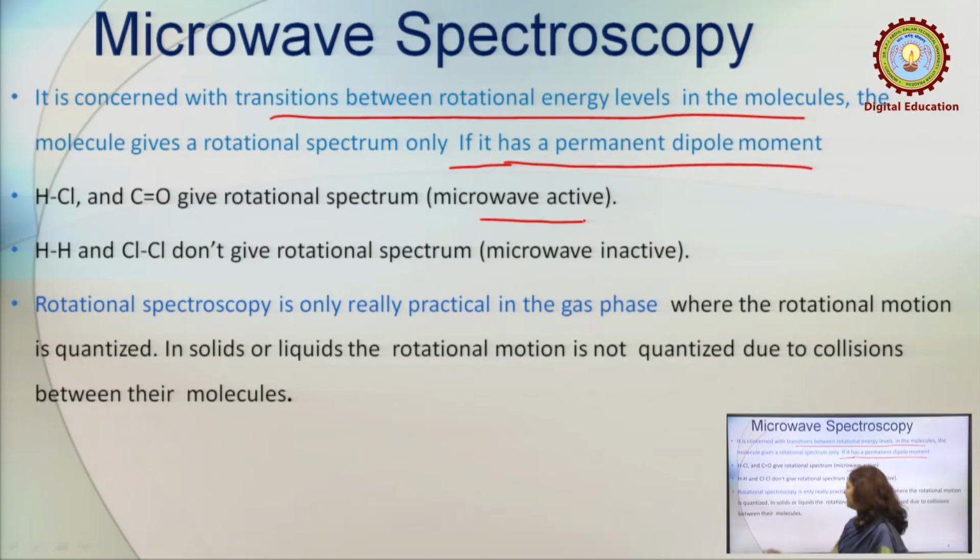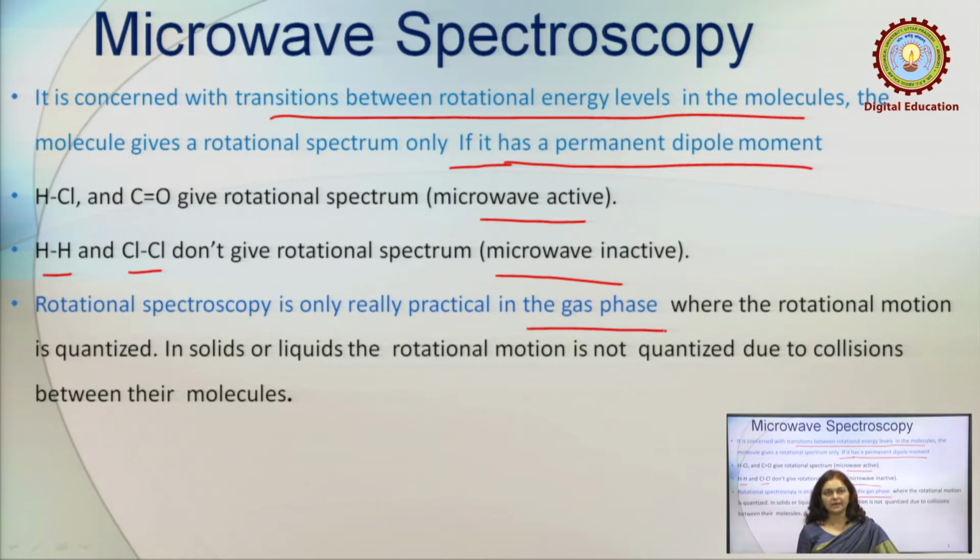Another example is H2 and Cl2. They don't give rotational spectrum and they are called microwave inactive molecules. The most important point is that rotational spectroscopy is practically possible in the gas phase only, not for solid and liquid, where the rotational motion is quantized.